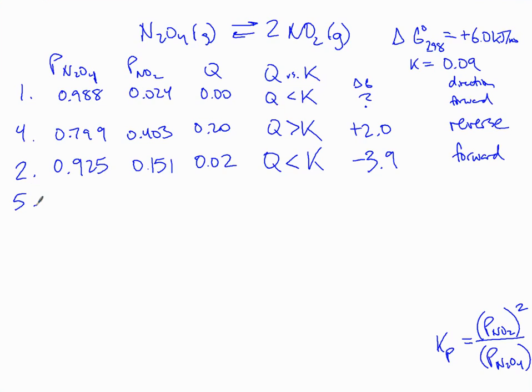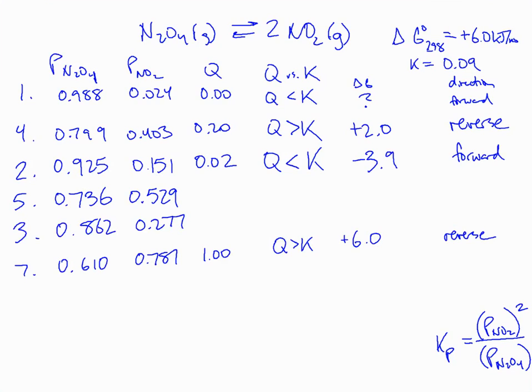You can probably work this one a little faster on your own. Partial pressures, 0.736 and 0.529. Who all has all the numbers for row 5? Okay. Was that a hand up, Colin?